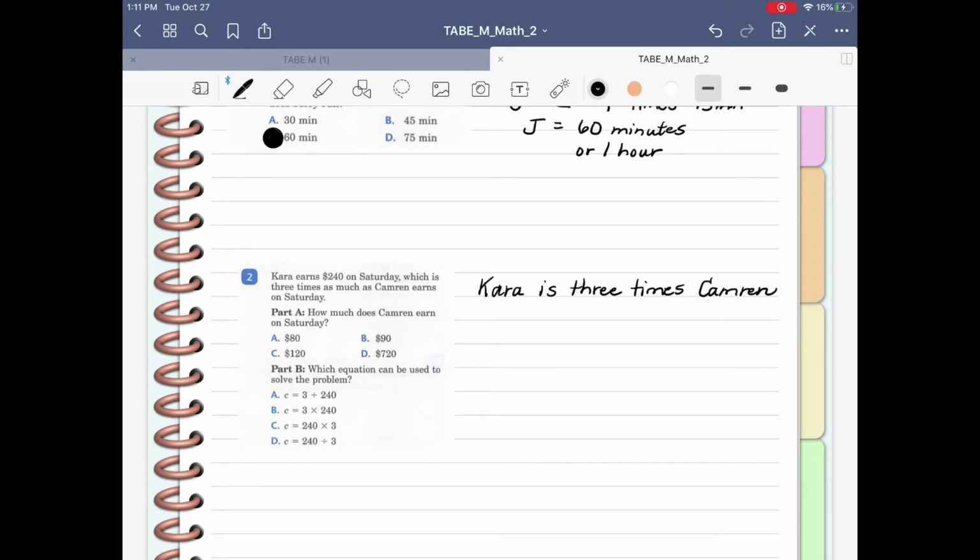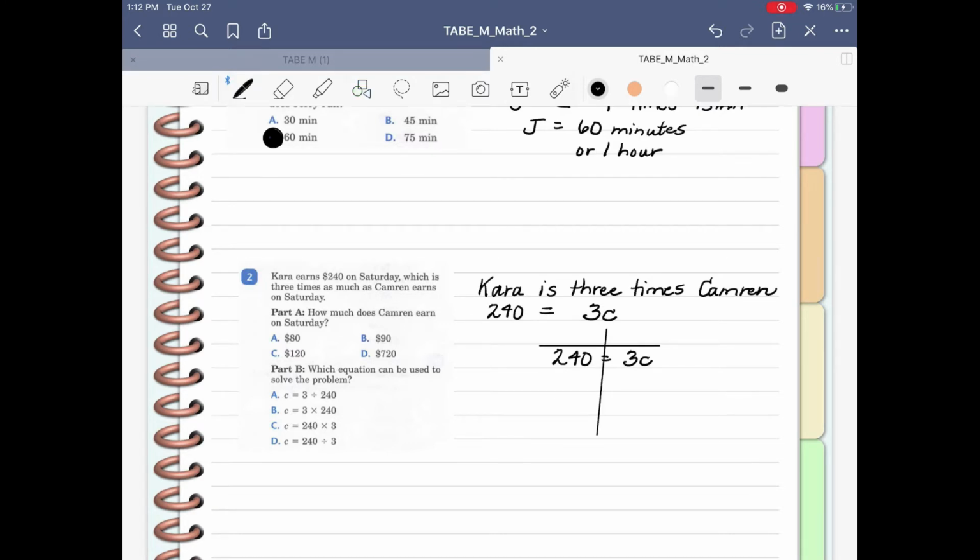We know that Kara is 240, and that is 3 times Cameron. We don't know Cameron, so I'm just going to say 3C. So I need to solve this equation. I've got 240, and you could standardize it right there if you wanted to. It doesn't matter.